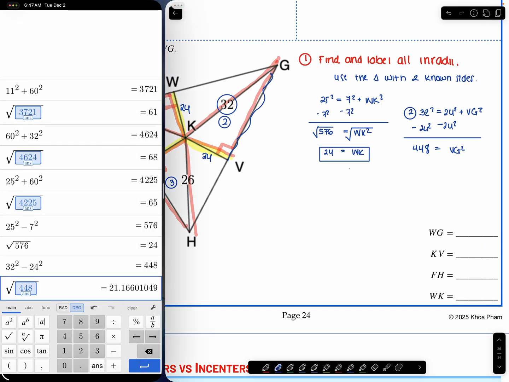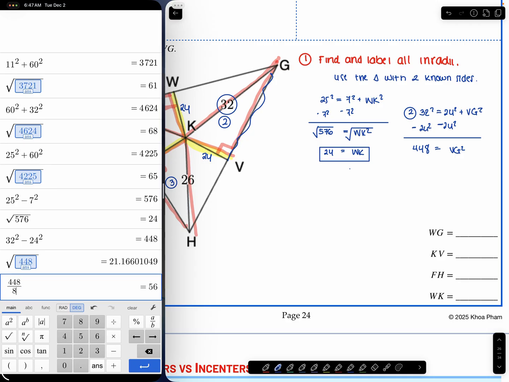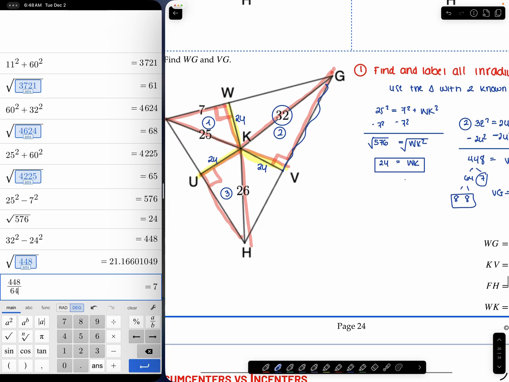Let me check. Yeah, no. Okay, so 448. Let's divide that by 64. This is 64 and 7, so it's going to be 8 and 8, already a pair. 7 doesn't factor. So VG comes out to be 8 square root of 7. Great.